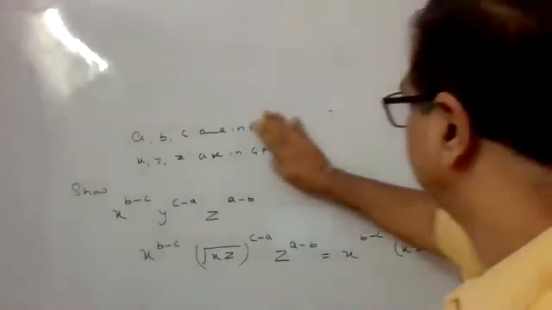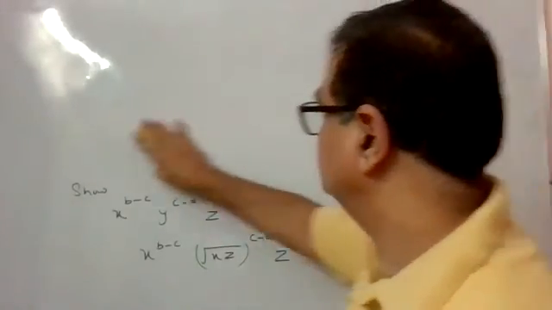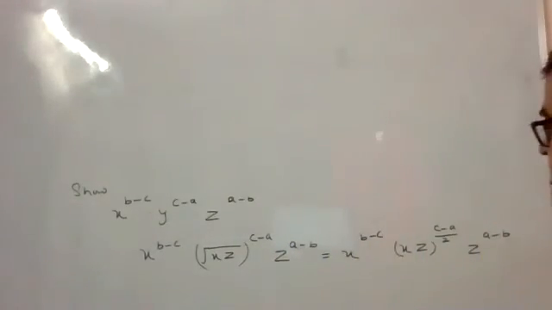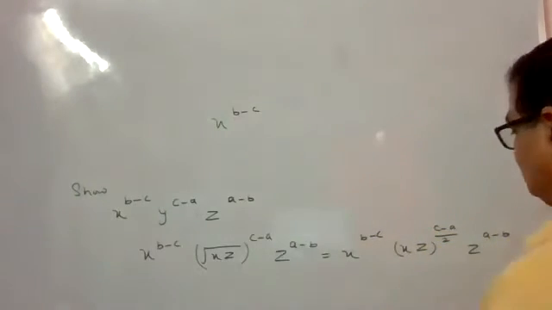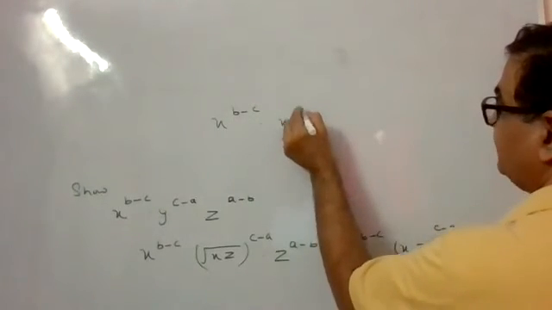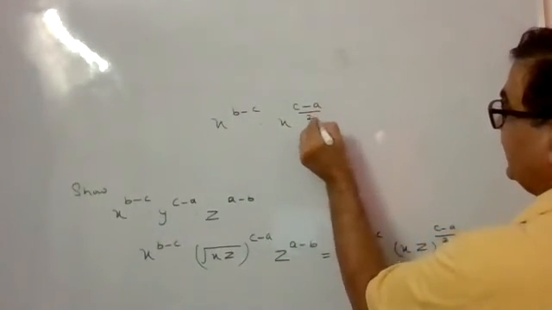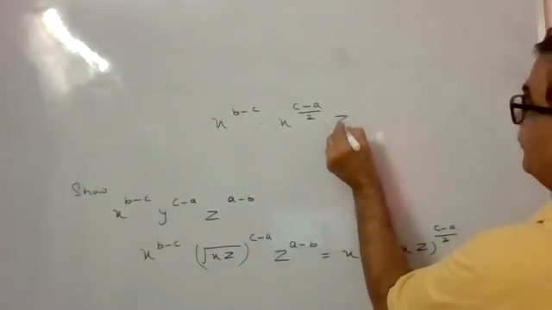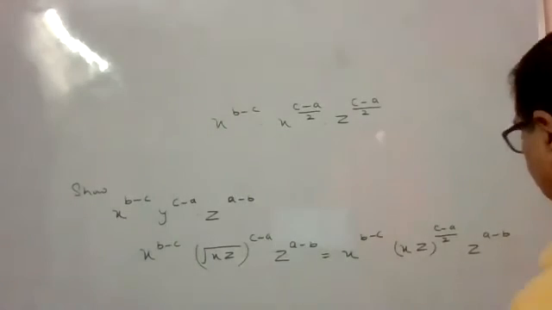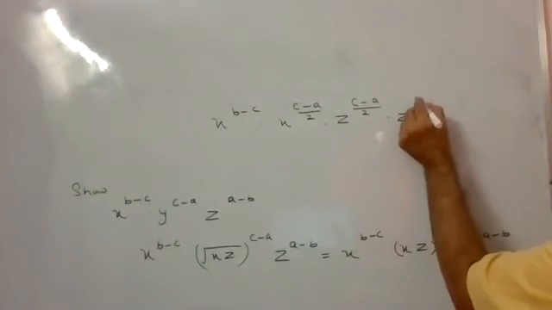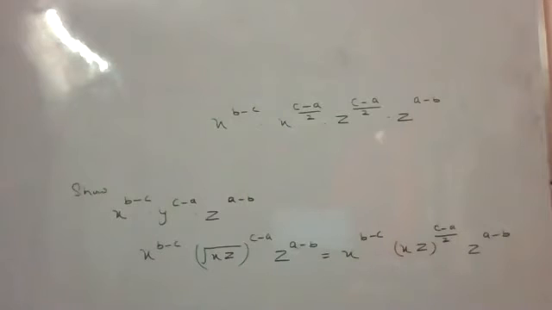Then I get x power b minus c into x power c minus a by 2 into z power c minus a by 2 into z power a minus b.